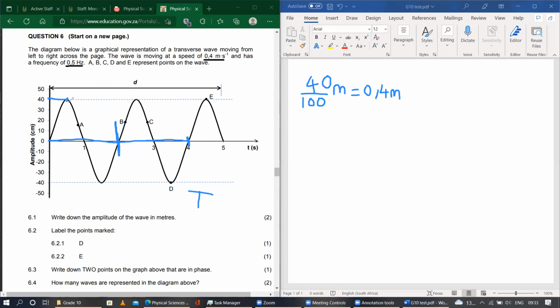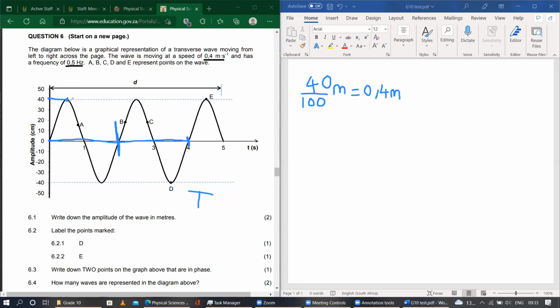So you just take the highest point and change it into meters. Do they always give it to you in centimeters? Not really. Usually the values differ. They can give it to you in centimeters, decimeters, meters, kilometers, whatever they feel like.